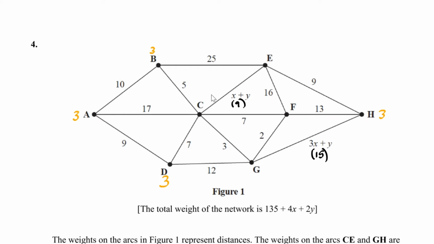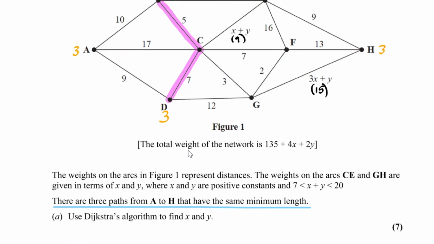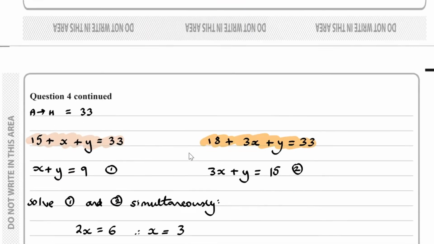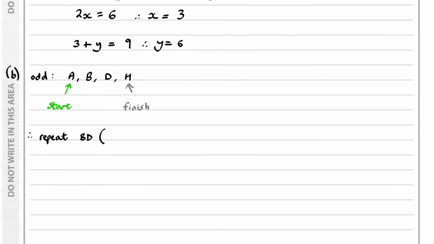We can go 5 plus 7, which is 12, and those are the only ones. So BD, that would be 5 plus 7, which is 12. So we repeat BD, which we go via B, C, and then D. So let's just highlight this. That's how we go from B to D. And BD has a distance of 12. Okay?